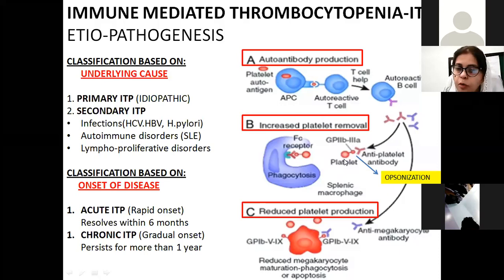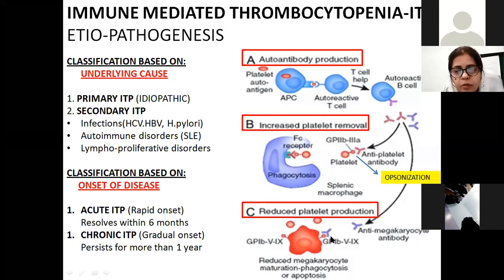This complex is then taken up by the Fc receptor of the macrophages present in the reticuloendothelial system, mainly in the spleen, and they are destroyed or removed from the circulation.